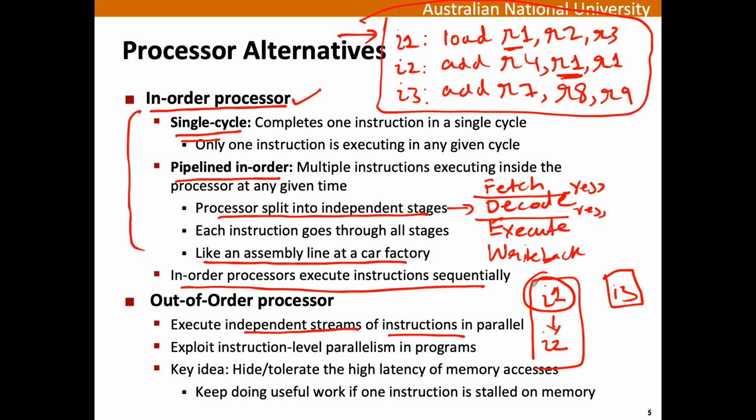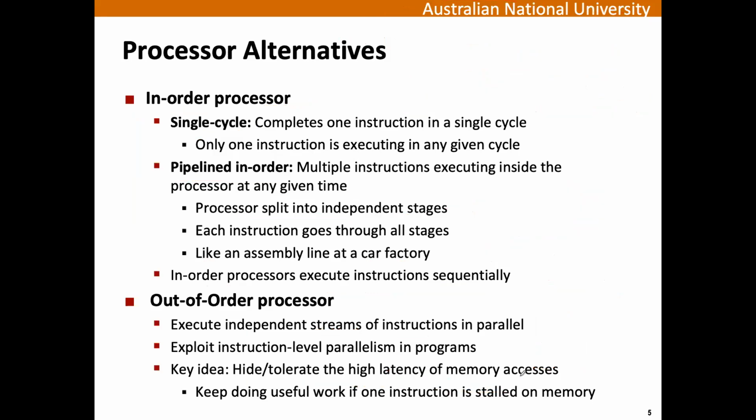So the key idea behind an out-of-order processor is to hide or tolerate the high latency of memory accesses. The line here is: keep doing useful work if one instruction is stalled on memory. If one instruction is stalled, don't stop doing work. There is a lot of independent work available. Okay, go figure it out.